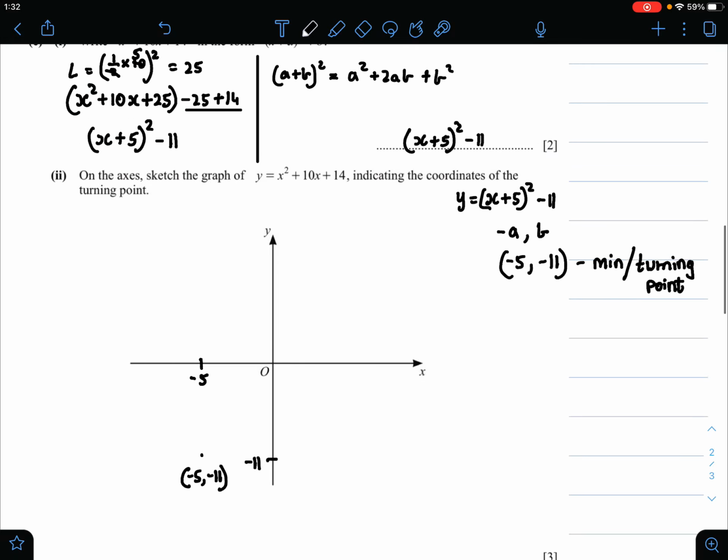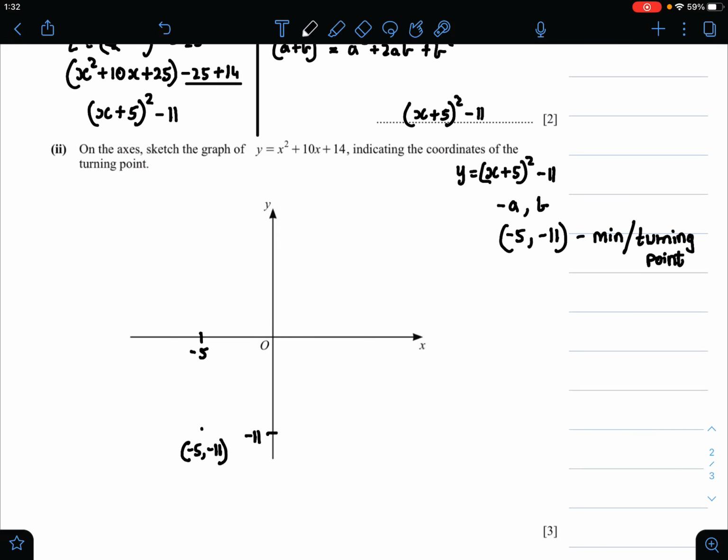and then all you need to do is draw a graph, and you can even find the points where the graph is intersecting both the axes to make it look more accurate. So if you substitute x as 0, you will get your y coordinate. So I'll just solve it.